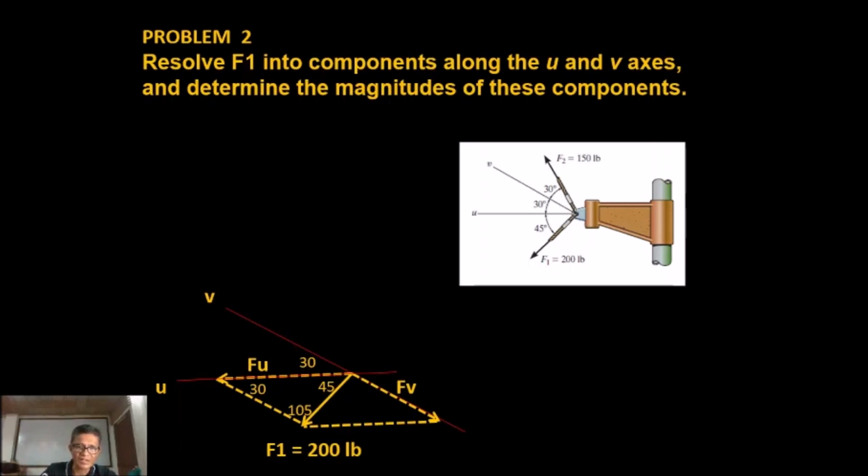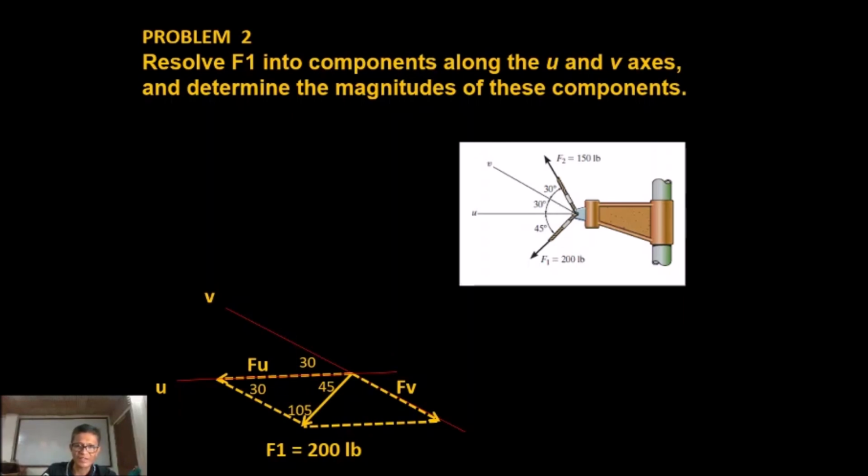So makikita natin, since ang sum of the interior angle is 180, we have 180 minus 30 minus 45 is equal to 105. So actually, hindi ko na pinakita dito yung computation yan. So kaya-kaya nyo naman yan, no?